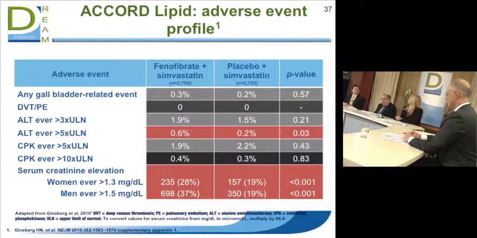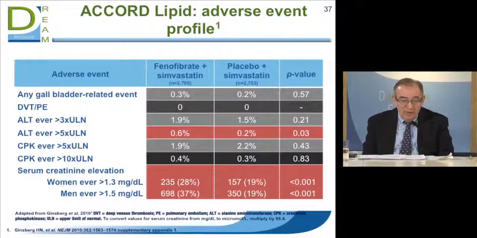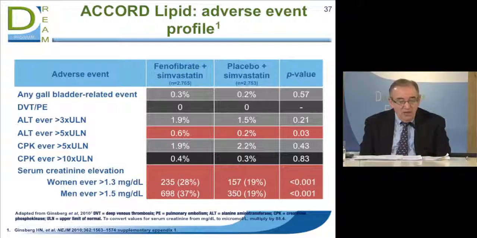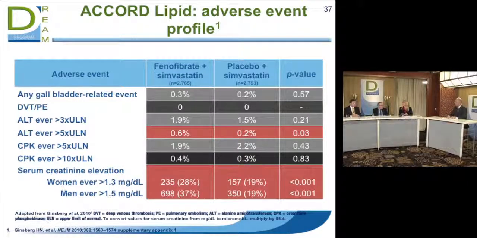The rates of ALT greater than 5 times the upper limit of normal were even lower and slightly higher in the fenofibrate-simvastatin group versus simvastatin alone, but very low rates. Of course, we're always worried about myositis and effects of both of those drugs, and particularly the combination. We looked at creatine kinase levels greater than 5 times or greater than 10 times the upper limit of normal, and saw no signal at all.